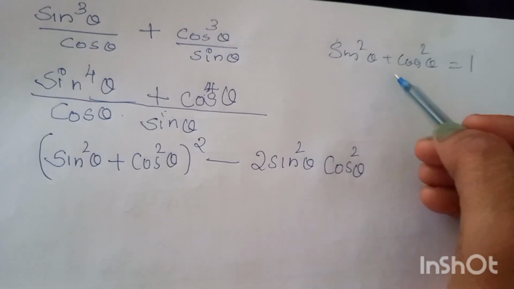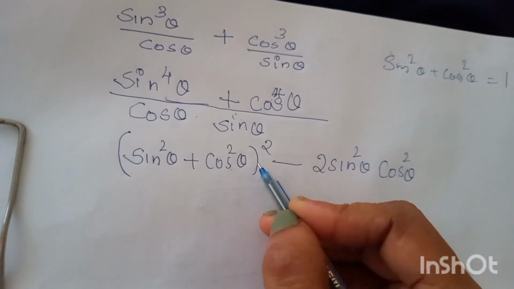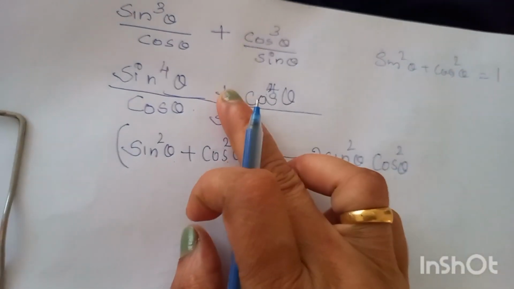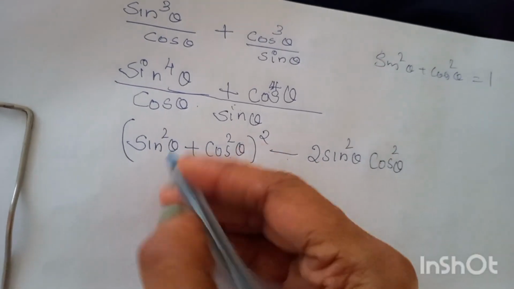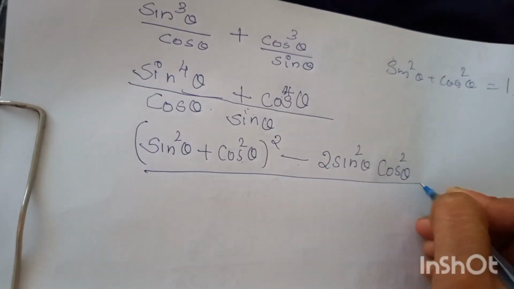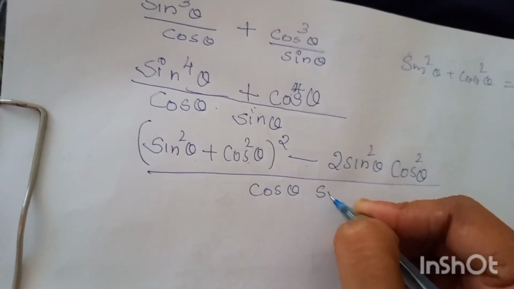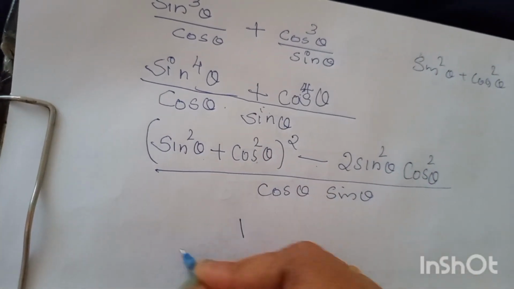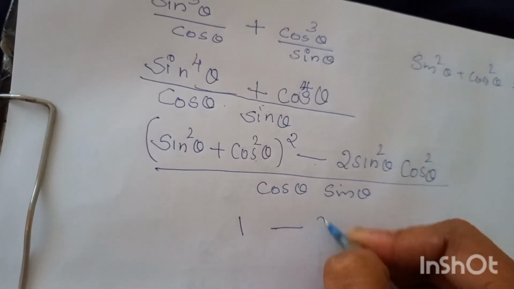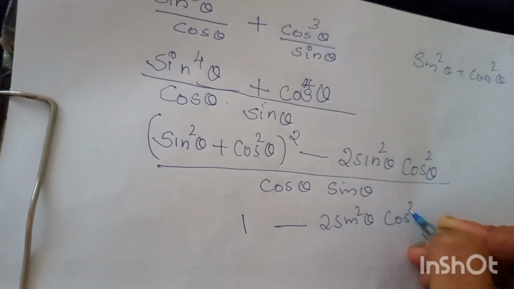We already know that sine square theta plus cos square theta is equal to 1. So sine square theta plus cos square theta whole square, minus, we can write like this, minus 2 sine square theta cos square theta, whole divided by cos theta sine theta. So this is 1 minus 2 sine square theta cos square theta.